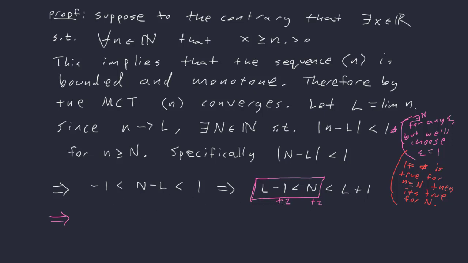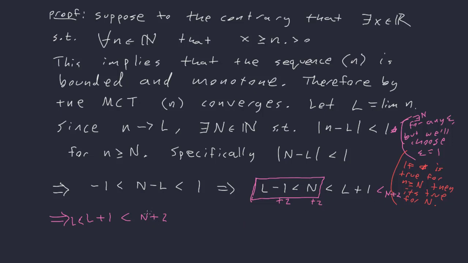So if I add 2, that's going to tell me that L plus 1 is strictly less than N plus 2. So that means here I could actually put in less than N plus 2. So that means N plus 2 is greater than L plus 1, which will be greater than L.